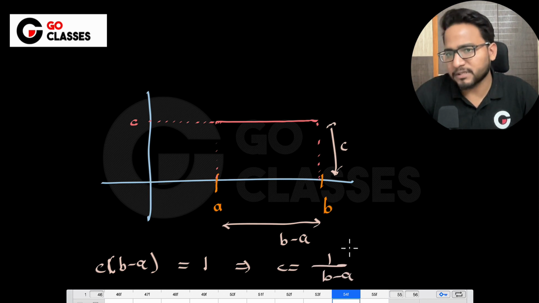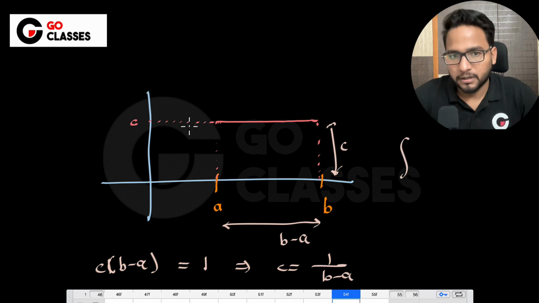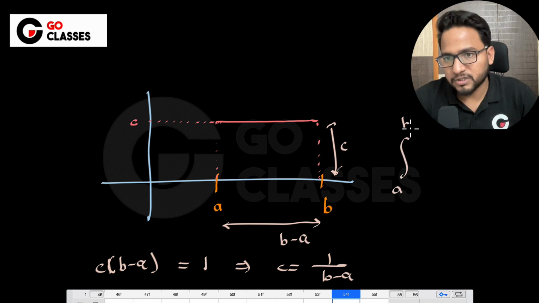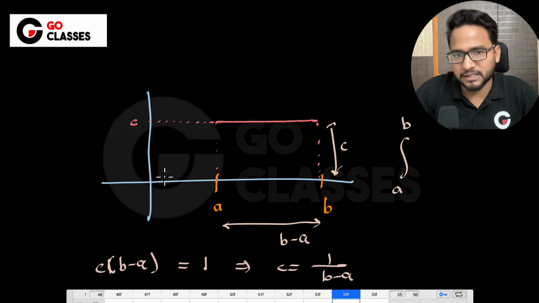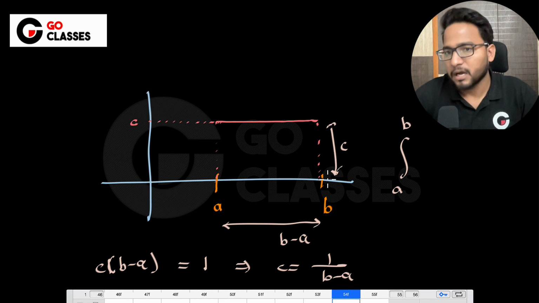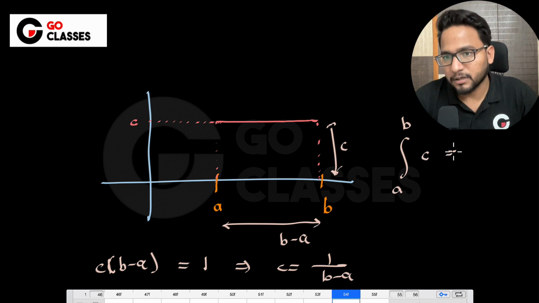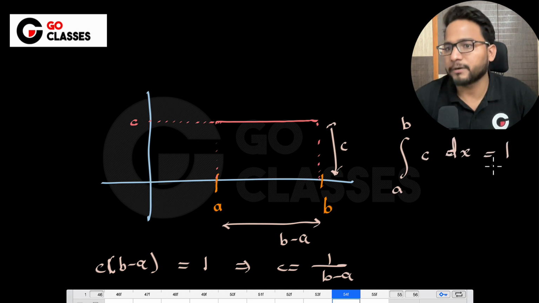Another way is the integration over a to b, or maybe minus infinity to infinity, but since the PDF is 0 after b or before a, it doesn't matter. So the integration from a to b of c with respect to dx must be 1.